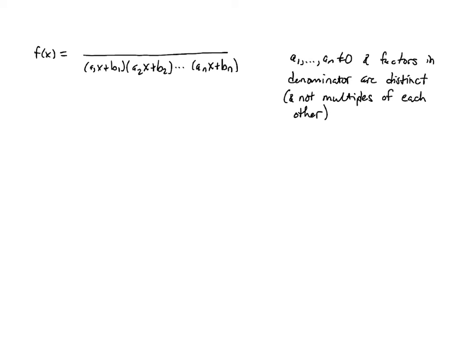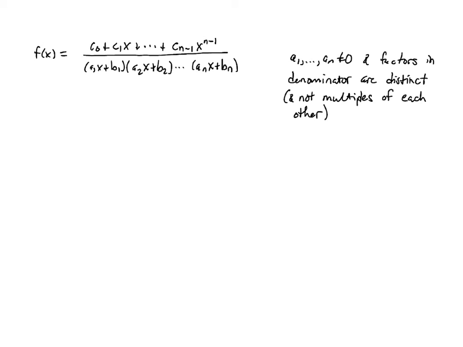And the numerator can't be too big, so it has to have degree at most n minus 1. So if you have 5 factors in the denominator, your numerator can have at most 4 terms.